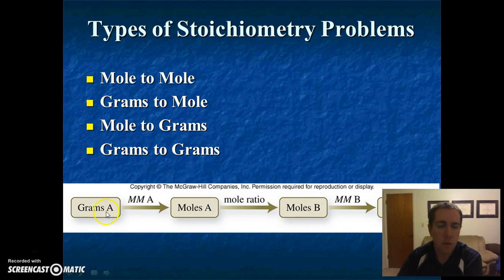You just have to convert from grams to moles before you start, and you already know how to do that. So it's just tacking something you already know onto something new. In this video, we're going to talk about moles to moles, which is the simplest one. Then in class, we'll do grams to moles, moles to grams, and grams to grams.